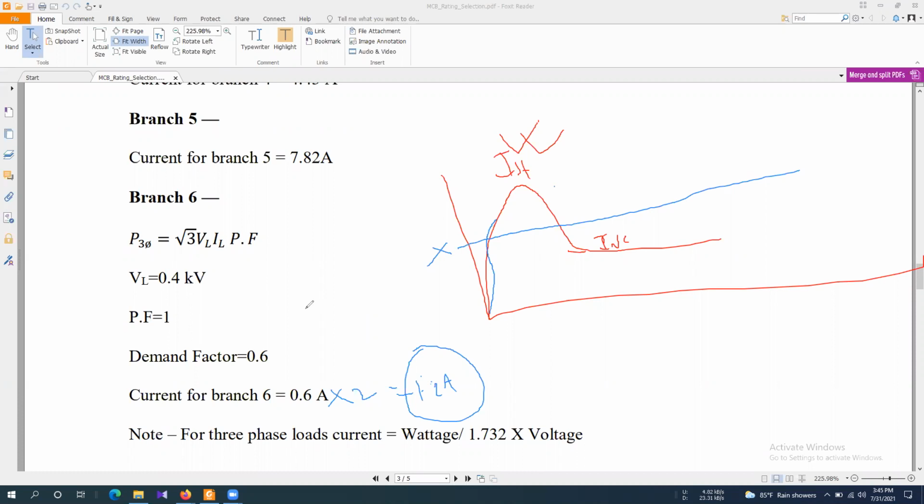If you add more MCBs, it will cost more. But if you add more MCBs, your system reliability will be increased, your system's efficiency will be increased, and the protection of the overall scheme will increase, obviously, but it will cost more.